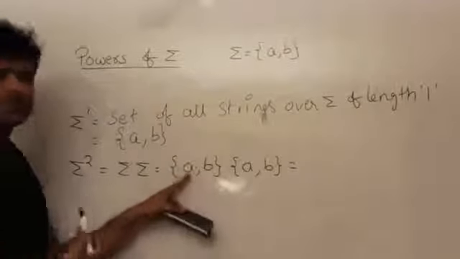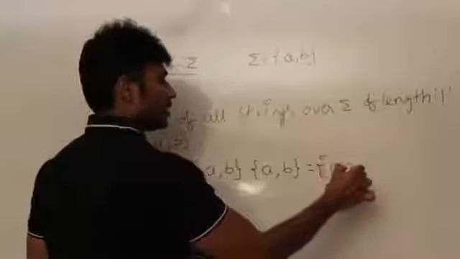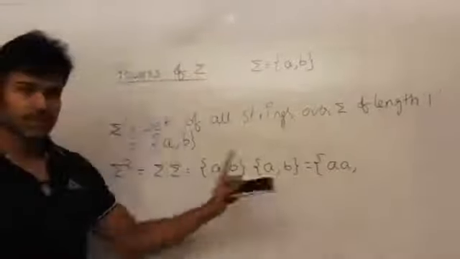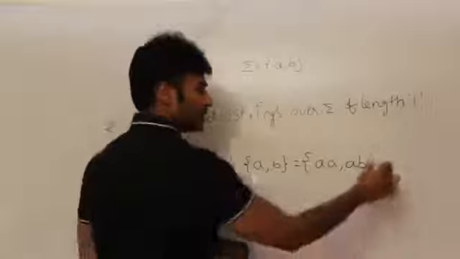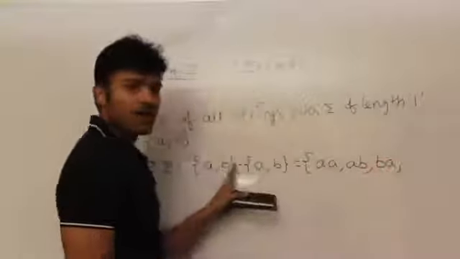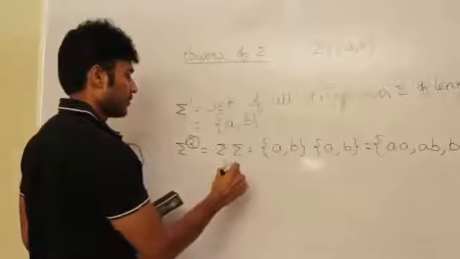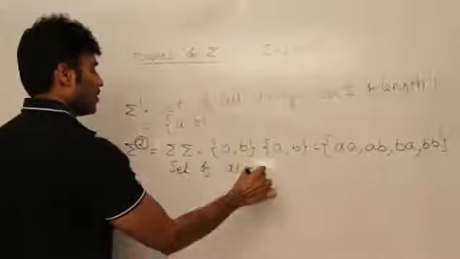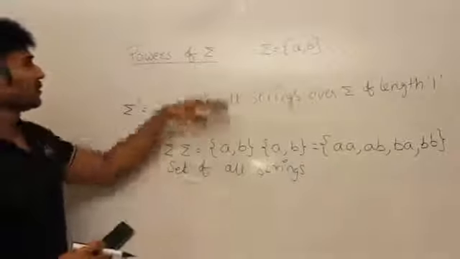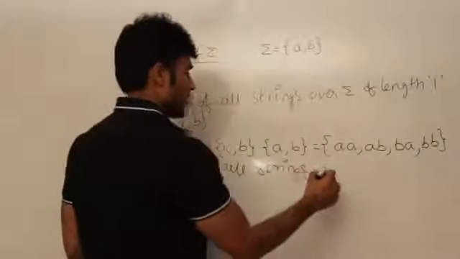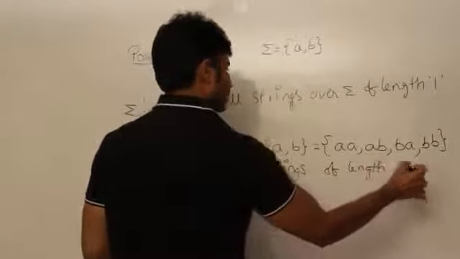So how can I concatenate these two sets? a concatenated with a is aa, a concatenated with b is ab, b concatenated with a is ba, b concatenated with b is bb. The set of all strings, and all these strings are always formed over the same alphabet, so I am not going to mention it. All these strings of length 2.